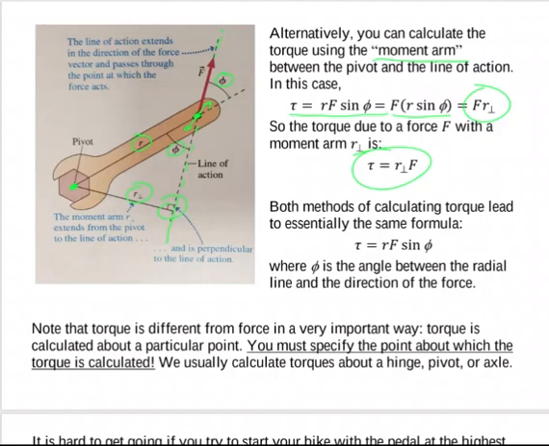Okay? Torque equals R perpendicular times the force that's applied. So that's at that exact moment, as you see in the picture. And so that would depend on the length of the moment arm here and the amount of force that's applied.